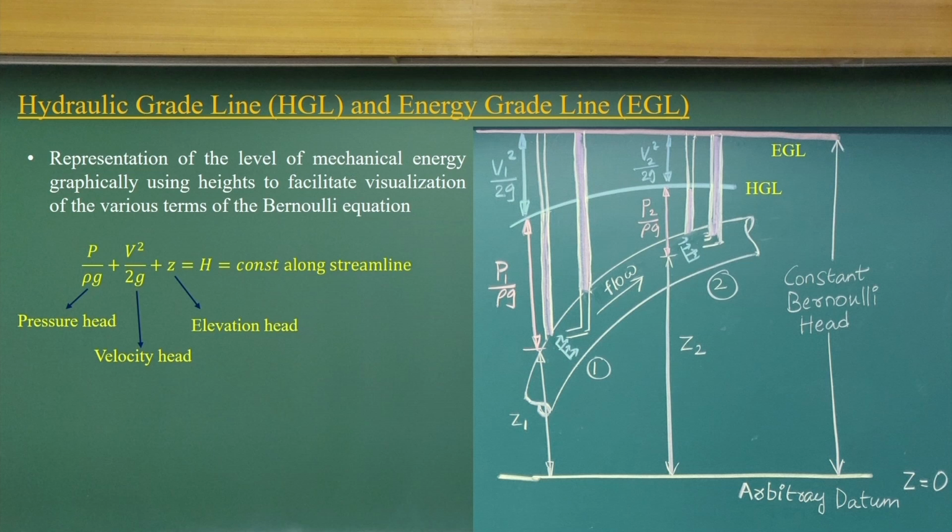You may have fluid flow problems with different pipe arrangements, duct arrangements and so on. Whatever the flow distribution, if you draw a streamline and you want to quantify how the total energy along it is changing, remember that fluid flows from higher energy to lower energy, not from higher elevation to lower elevation. Please do not have that notion. The fluid flows from higher energy to lower energy.